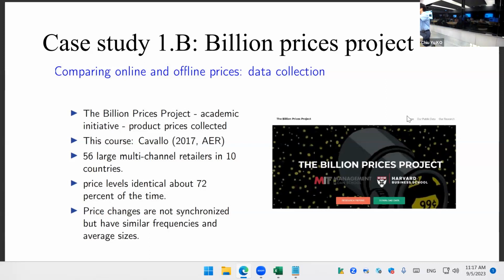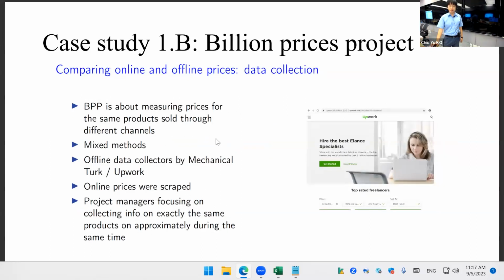Offline, they ask people to actually go to the store to look at the prices. And this is the background. They will try to do it at a similar timing. Of course, around the world, there's some time zone difference, but I guess it's not a big thing.